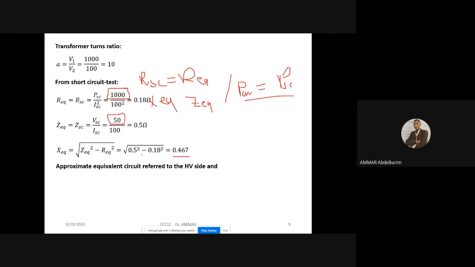Now, the approximate equivalent circuit referred to the high voltage side. So here they didn't specify if it's primary or secondary. To be more specific, it's better to say referred to the primary or referred to the secondary. But when they say high voltage side or low voltage side, it's up to what we have chosen as primary or as secondary.